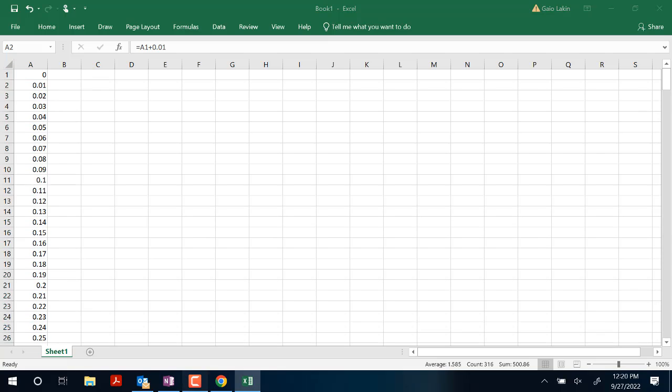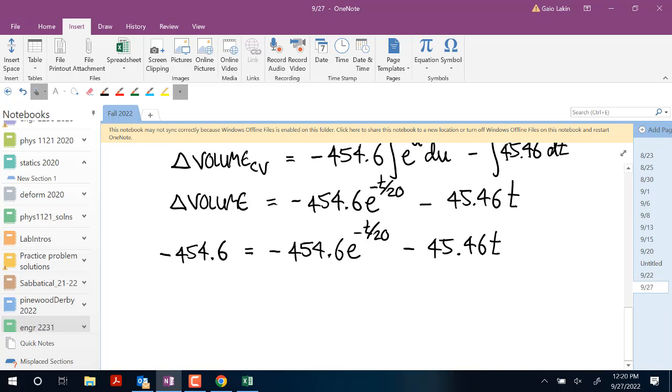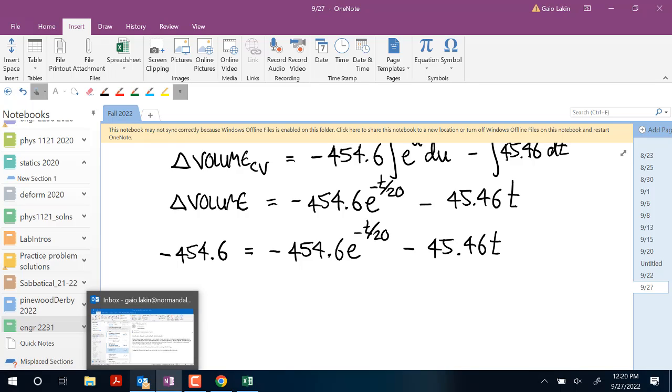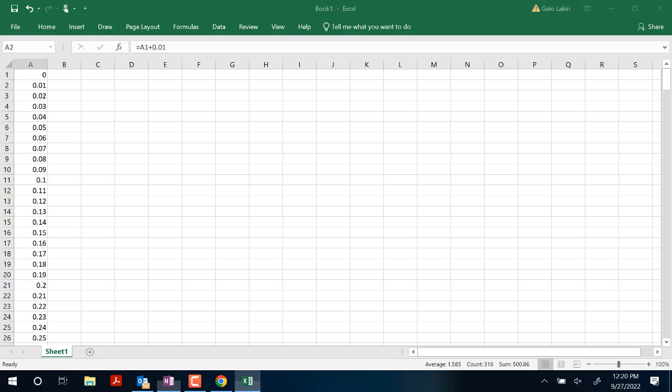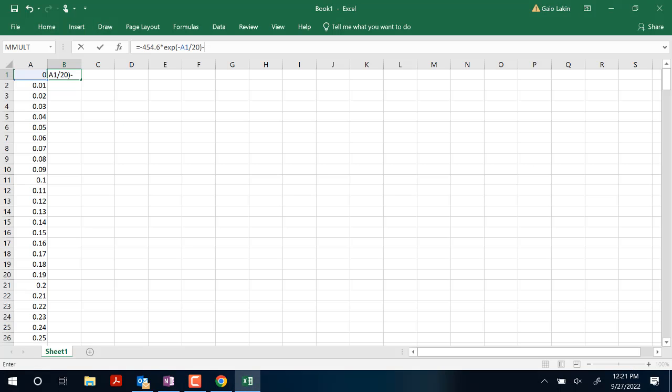Okay, so I'm just going to enter this function. So negative 454.6 times e to that thing. And then minus 45.46 t.